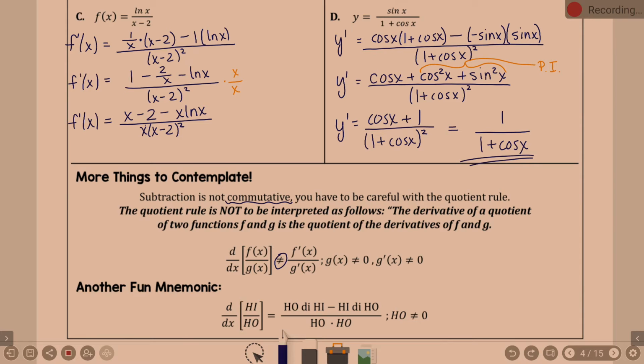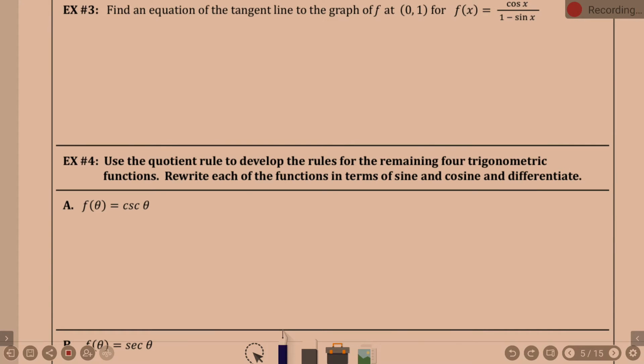Okay, continuing along. Find an equation of the tangent line to the graph of f at (0, 1) for f of x equals cosine x over 1 minus sine x.